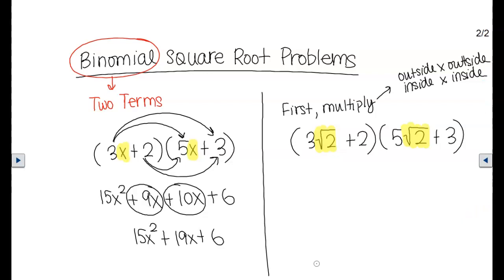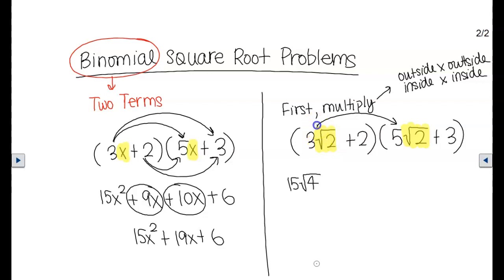So this problem is going to be worked the same way that the binomial problems were before, but we have to remember that now that we're using square roots, it's outside times outside, inside times inside. All right, so here we go. First, you're going to do 3 square roots of 2 times 5 square roots of 2. Outside times outside is 15. Inside times inside is 4. So that's going to be 15 square roots of 4.